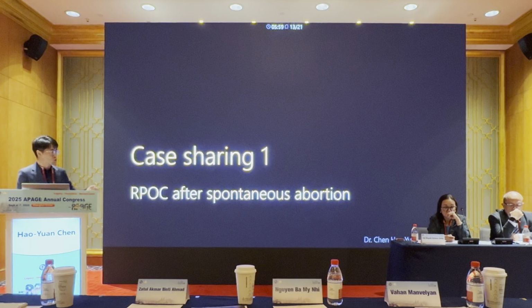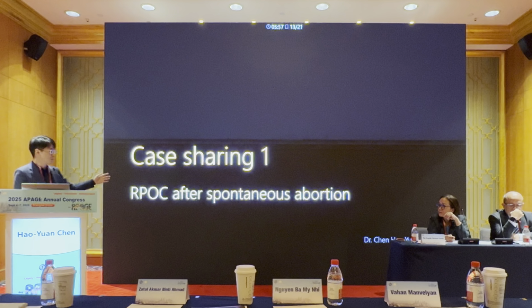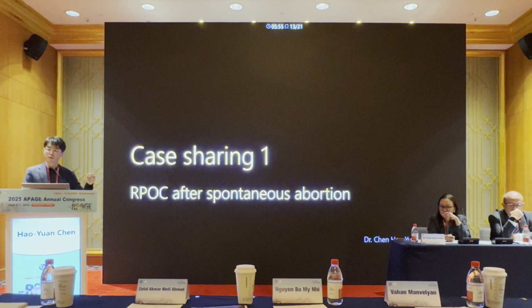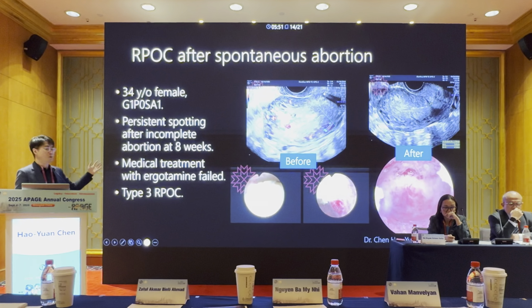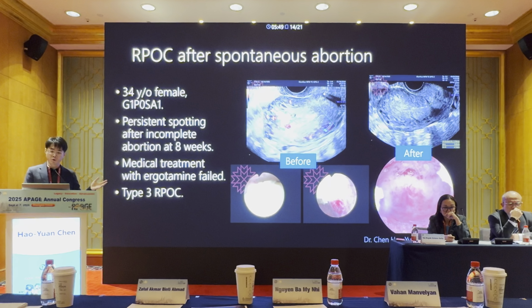Next, I'm going to share 2 cases of my own. The first case is an RPOC after spontaneous abortion. This woman was 34 and she had an incomplete abortion. She had already received medical treatment elsewhere, but she continued to bleed for a month. And ultrasound shows that there is extensive flow, so it was a type 3 RPOC.